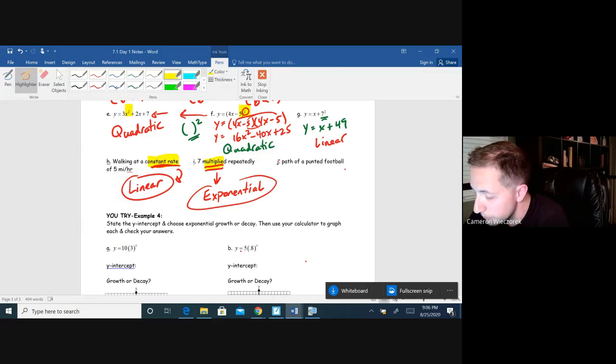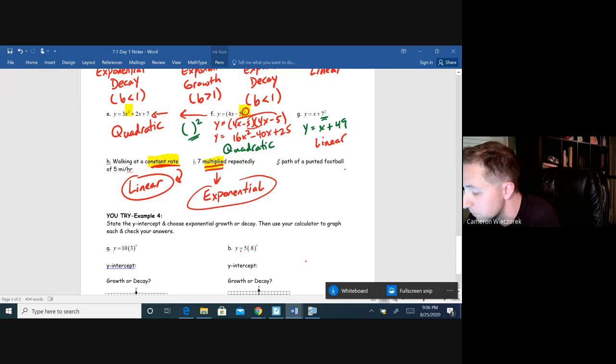And for J, it might help to draw a picture. What's the path of a punted football? You kick a football, it's going to go up in the air. Do my best drawing of a football. There's the football. You can probably do better than I can. I'm not an artist. Here's you kicking it. Apparently your foot is like 10 feet long. Kick it up in the air. What goes up must come down.